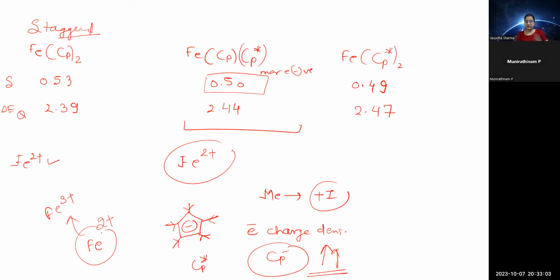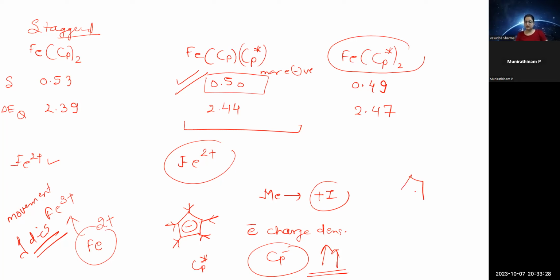Here it will not show you exactly that +3 has become, but there would be movement or shifting of the d electrons. Because of that reason only, we see a more negative value in the case of iron CP CP star, where one ring has been replaced. In the case of iron CP star 2, both the CPs have been replaced by CP star.